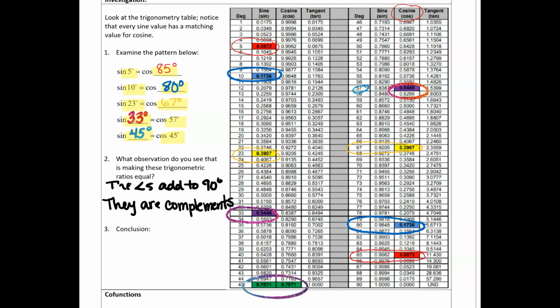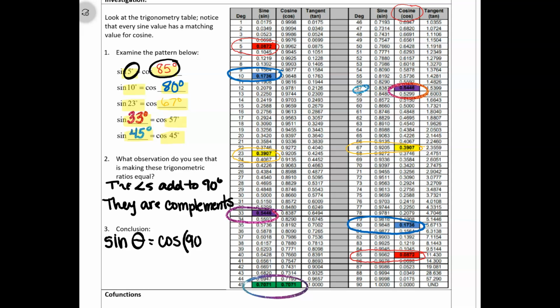So what is our conclusion? Now this is sometimes the confusing part for some students: if I do sine theta, what does that mean about cosine? Well, let's use 5 and 85 as an example. If we know sine theta is 5 degrees, then the cosine has to be the leftover from 90 degrees.